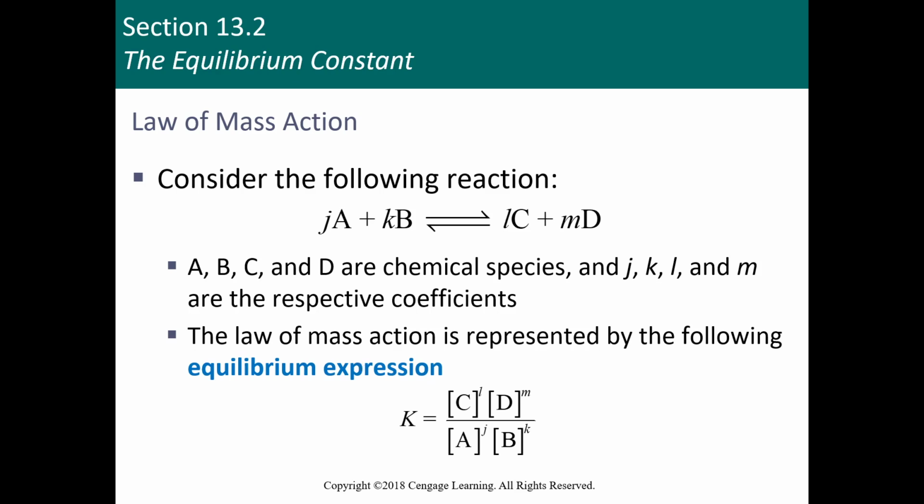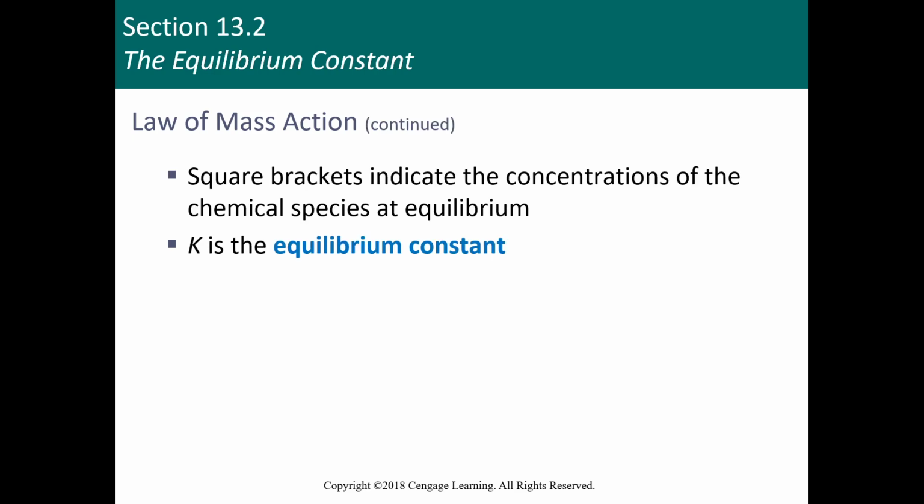Let me say it one more time just so you can be sure. Equilibrium. All right, so K is an equilibrium constant. That means everything that's put in for it, everything you do with it, is for equilibriums, not any other state. They are only for equilibriums.